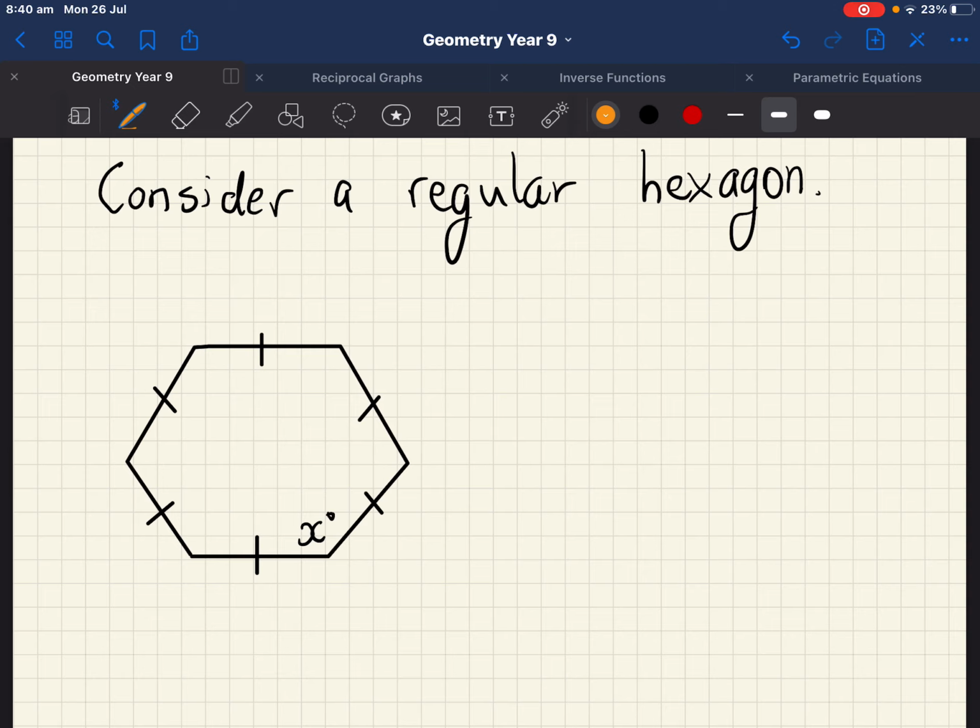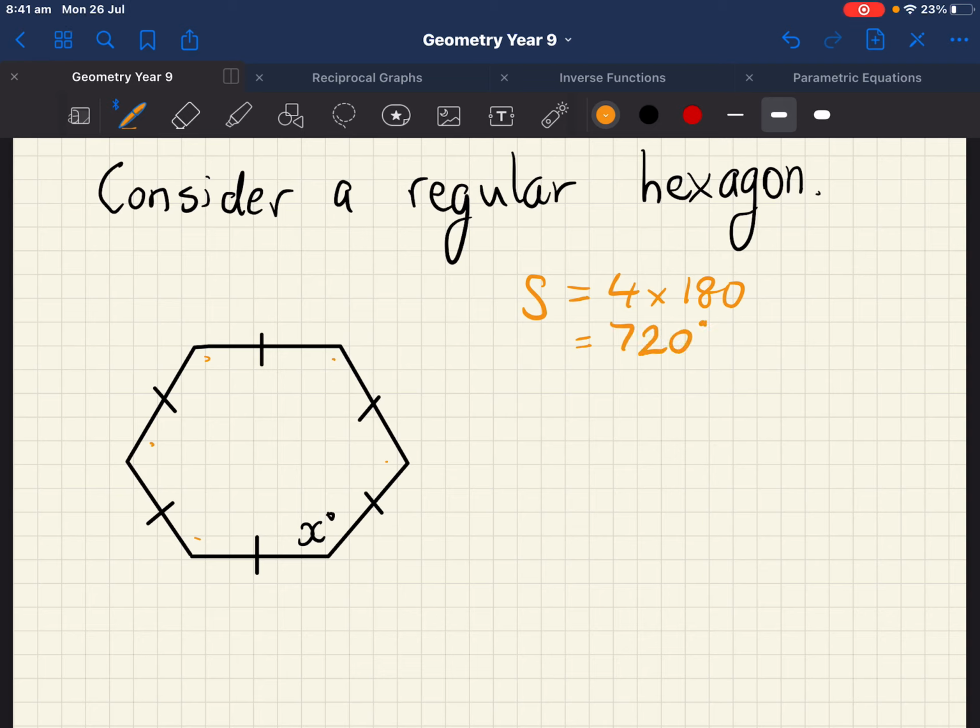Our first goal is to determine what is the angle sum, right? That is, what do the 6 angles of this hexagon add up to? Right, so there's 6 angles. So we're going to use that trick of take away 2. So it's going to be 4 times 180. And we end up getting the angle sum of a hexagon.